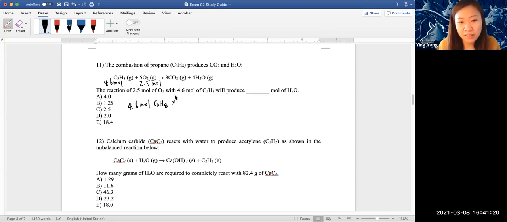In order to find how many moles of oxygen it needs to consume all of this propane, what you need to do is this dimensional analysis based on the coefficients or stoichiometry from the balanced chemical equation. So based on this equation, we know 1 mole of propane will react with 5 moles of oxygen. So 1 and 5 come directly from the coefficients in the balanced chemical equation.